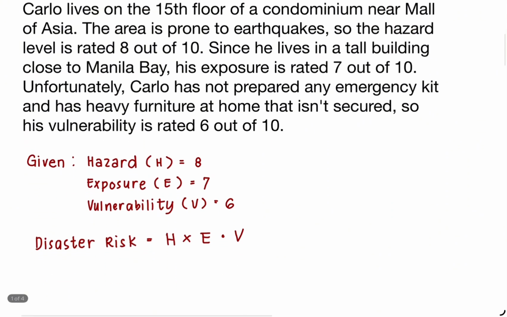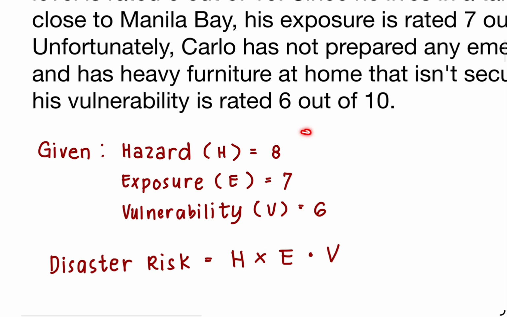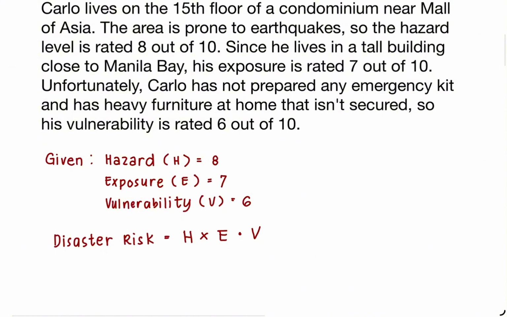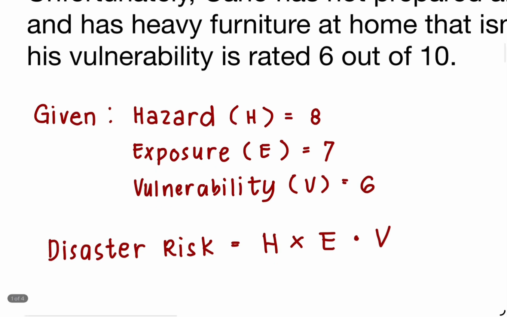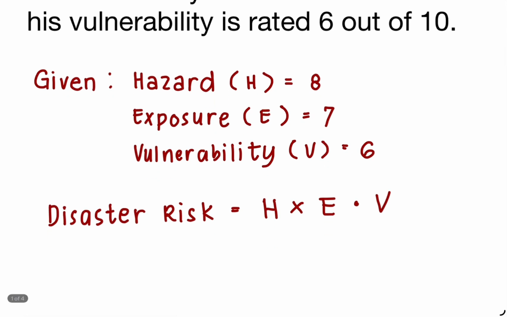So let us define the given. So we have here hazard, which is equal to 8, since it says here that it is rated as 8 out of 10. Exposure, 7, and vulnerability, 6. Applying the formula, we have H times E times V, or hazard multiplied to exposure multiplied to vulnerability.